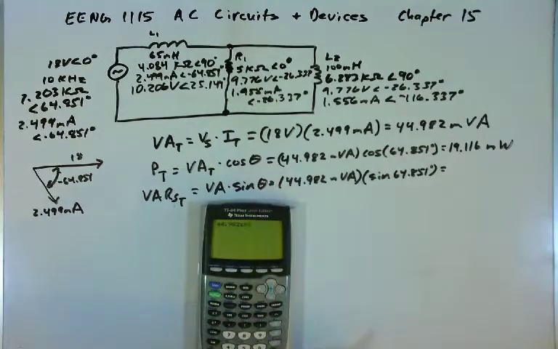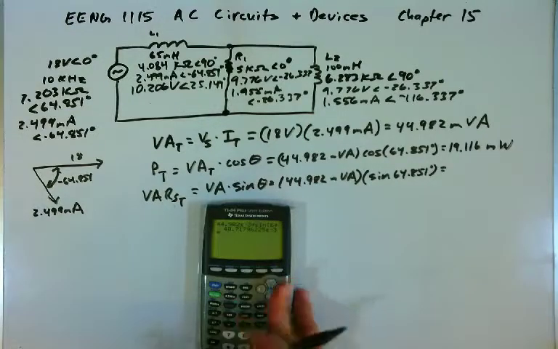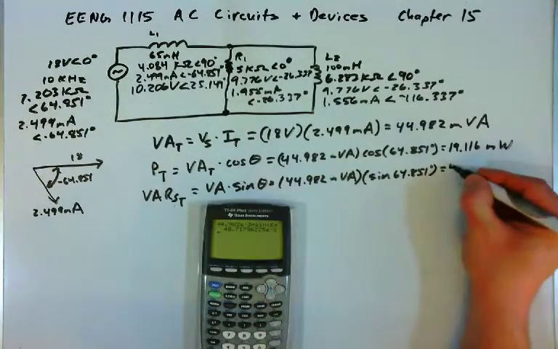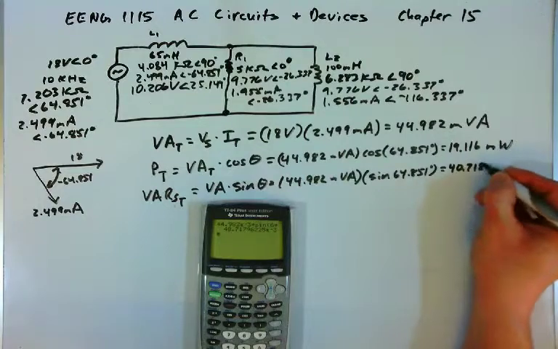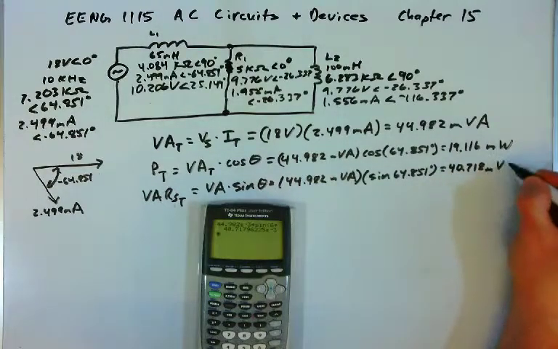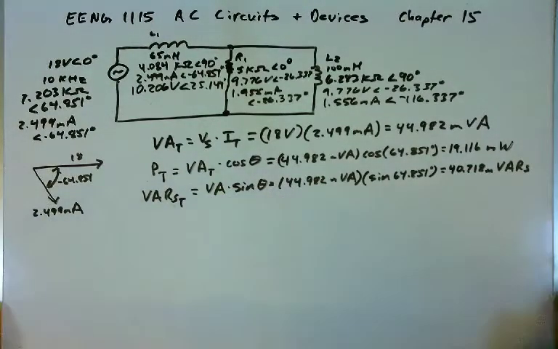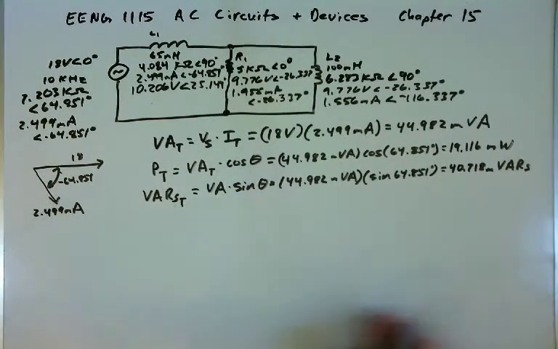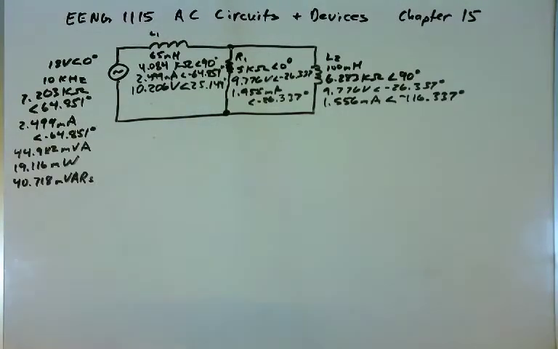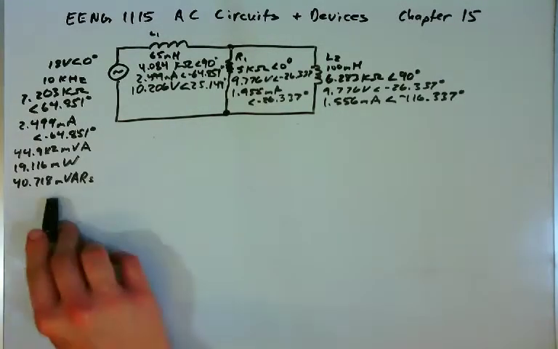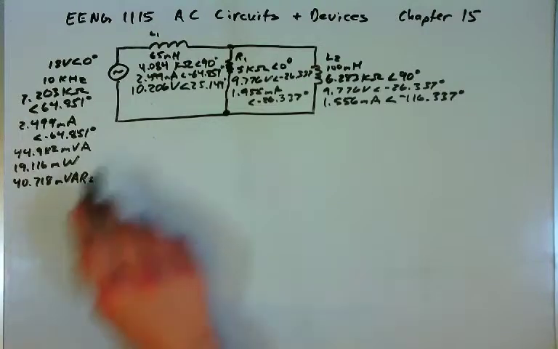We get 40.718 milli. That is volt amps reactive. And so this will be the total power dissipation for the circuit. I've written the numbers for the total power of the circuit here.